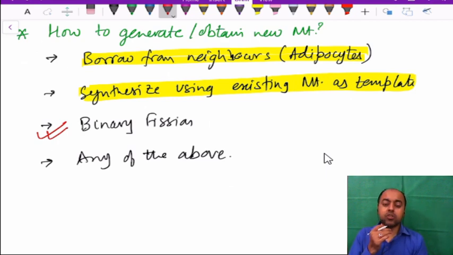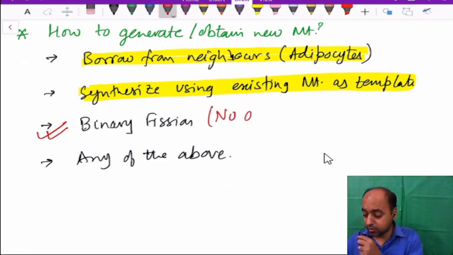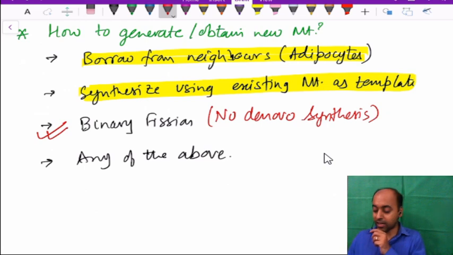So the properties of the mitochondria will be similar to that of a prokaryote. And how does a prokaryote multiply? A prokaryote multiplies by binary fission. In other words, you cannot have de novo synthesis.